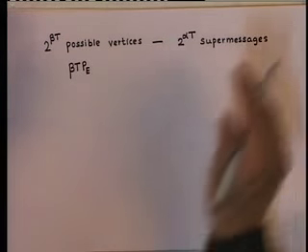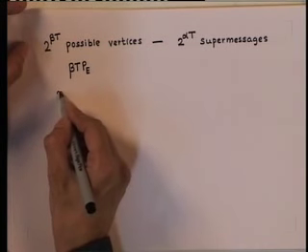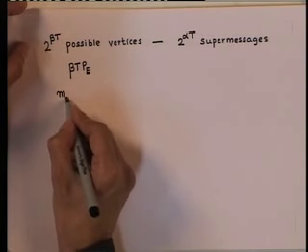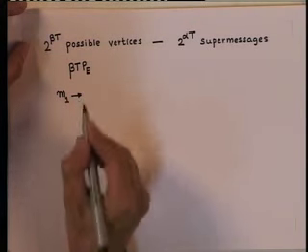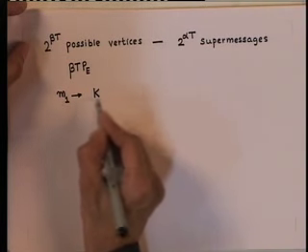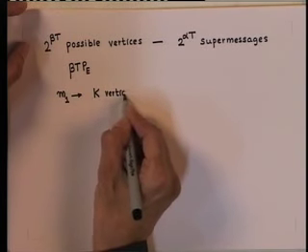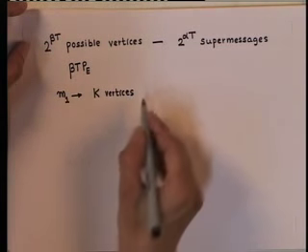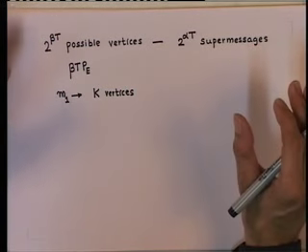Thus, when we choose a vertex for a message say M1, the corresponding K vertices become ineligible for consideration.